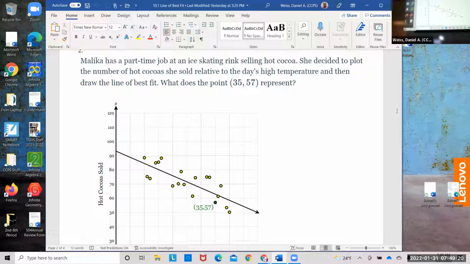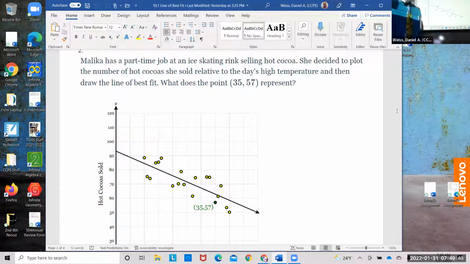In fact, the warmer it gets, the fewer hot cocos she'll sell, right? Okay, you see, the yellow dots are exact figures, these are exact numbers, but we draw a line to give an approximation based on the points, okay?